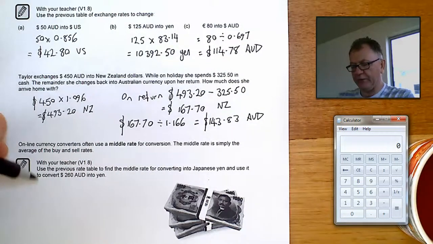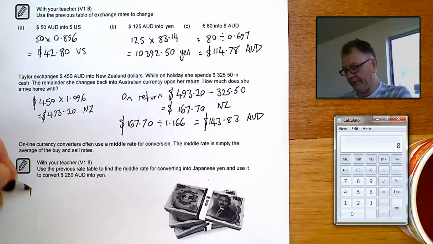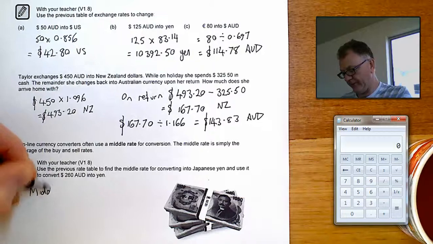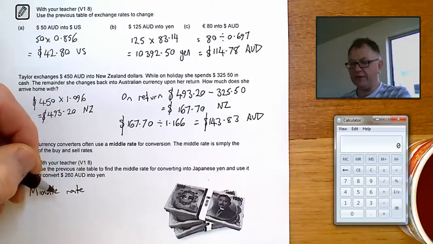The next example here concerns us with a middle rate. Now online you'll probably find that most currency converters work with what's called a middle rate. It's the average of the buy and the sell column. So before we can do this, we have to work out what the middle rate is by averaging the buying and selling rates.